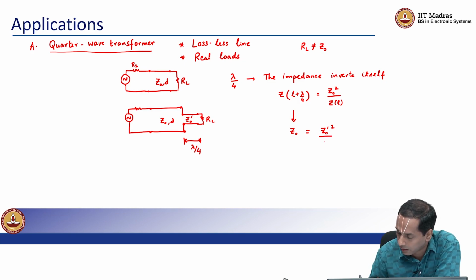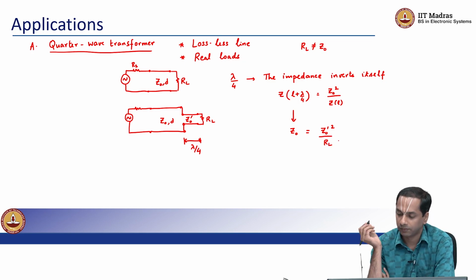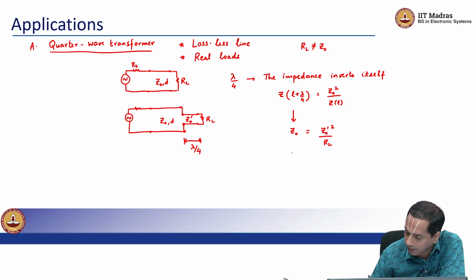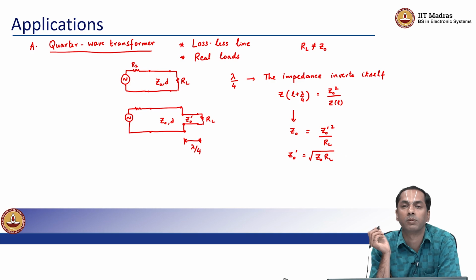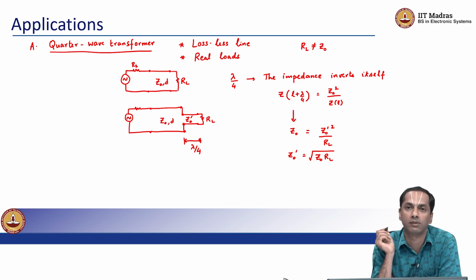So Z at the load is RL. Okay. So I actually get a solution where the transmission line impedance Z0 prime is the geometric mean of the characteristic impedance of the original transmission line and the resistance you have.